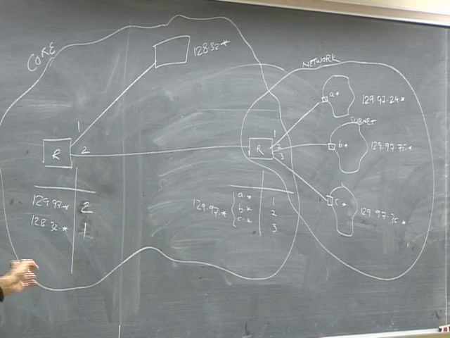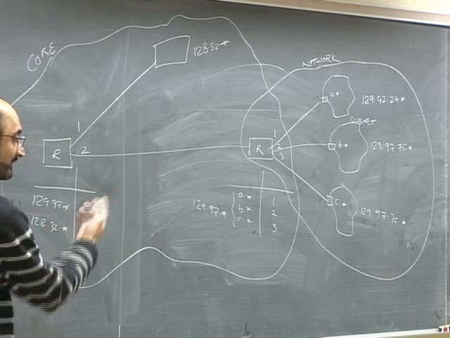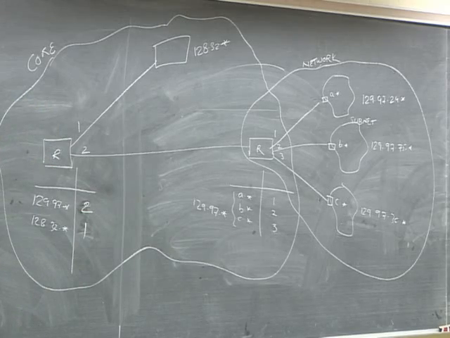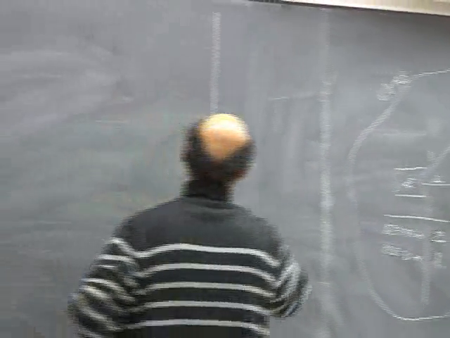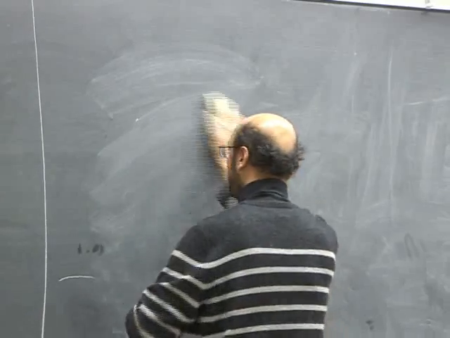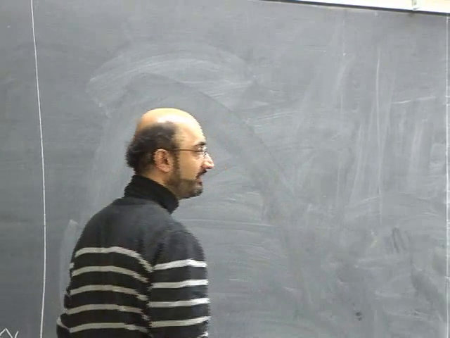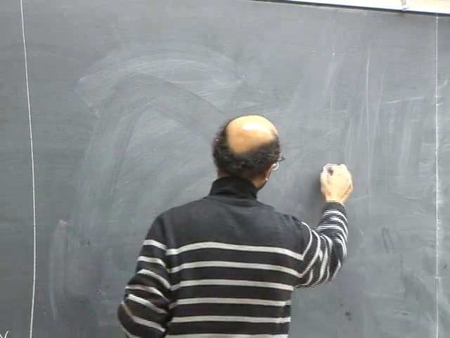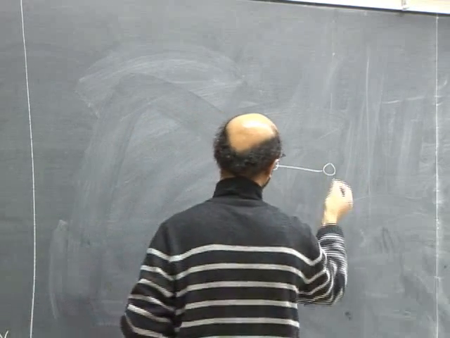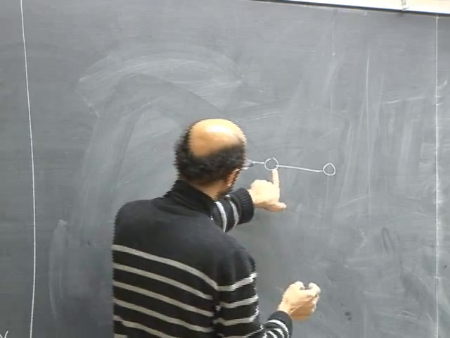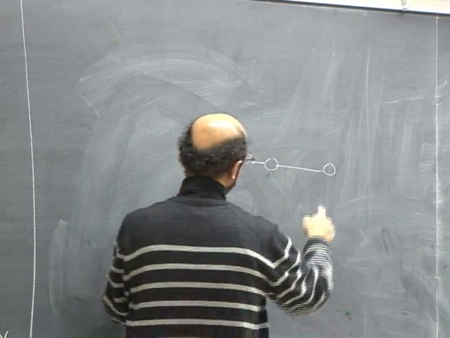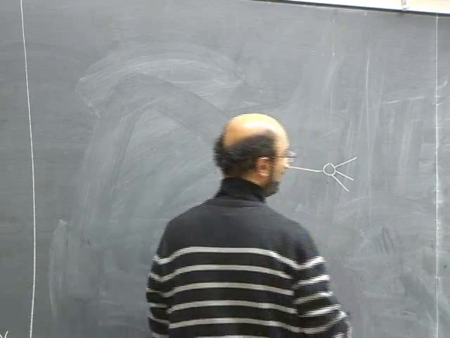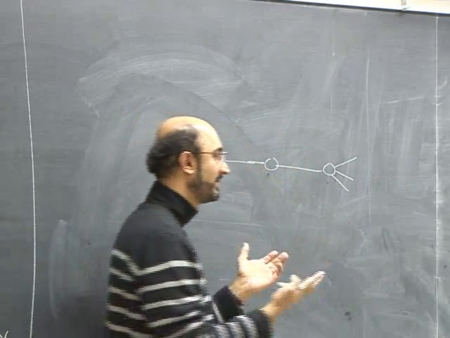Okay, so how do we get rid of the assumption that everything is directly connected to everything else? I'm going to show that over here. So again, I'm going to abstract this all out, and I'm going to show you a very, very simple example, and you'll see right away how it works, because it's really straightforward. Let's say that I have a network that looks like this. Now this represents a router, and these are all routers, and then I'm drawing lines to show you some subnets, but I'm just going to show them as numbers.